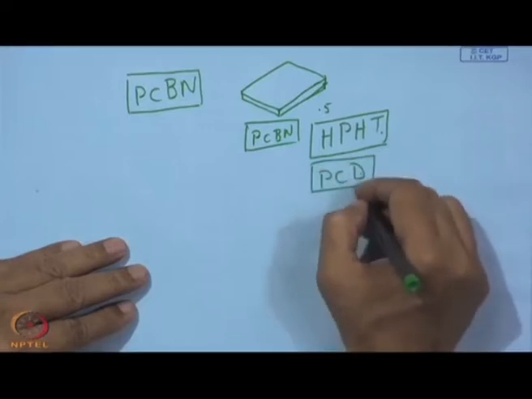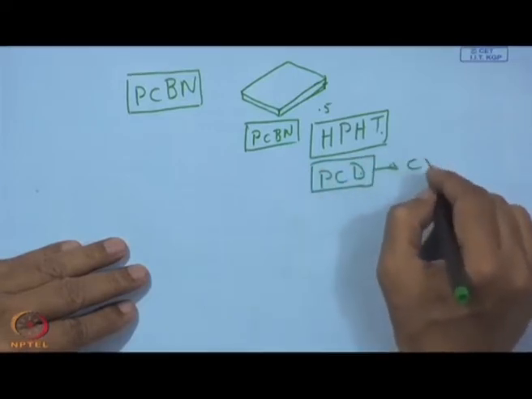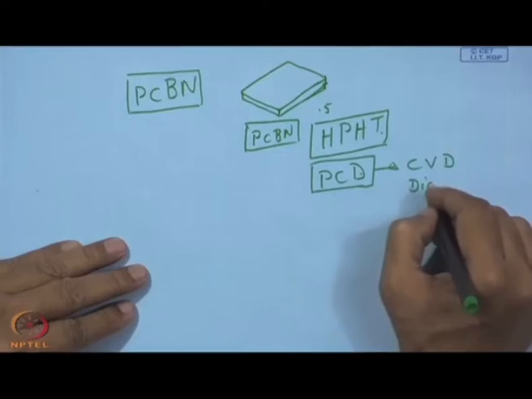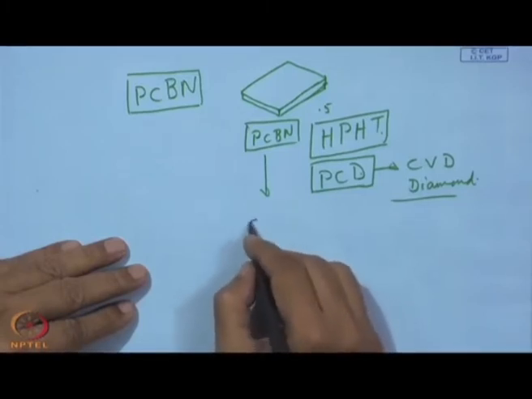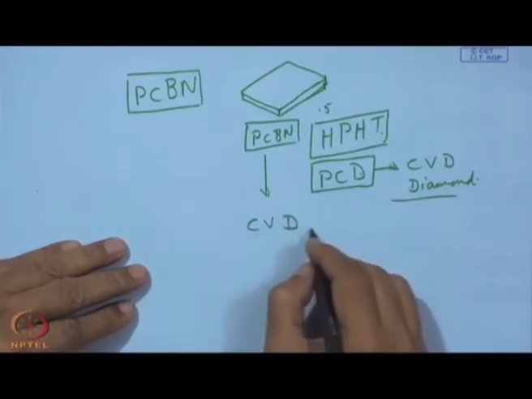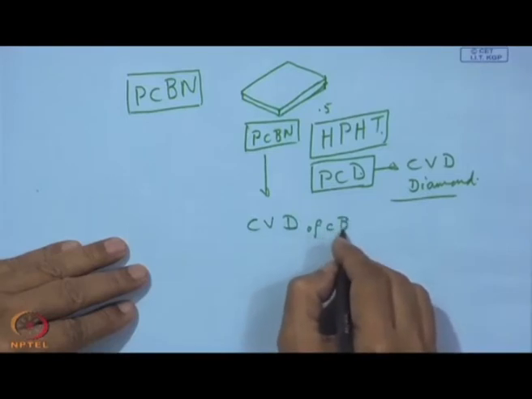That is why from PCD we have CVD of diamond. Similarly, there is a logic: why can't we go from PCBN to CVD of CBN.